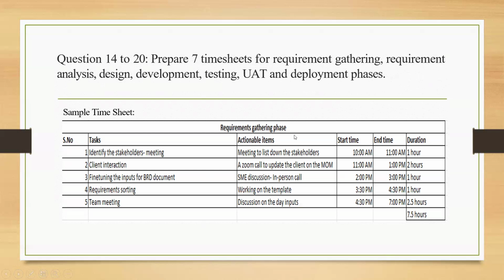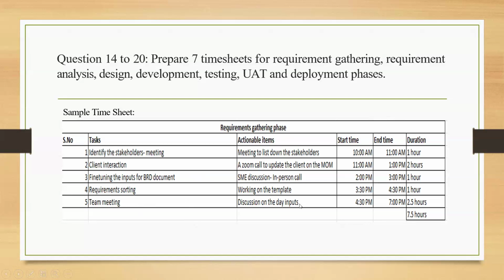You can look into it. In the requirement gathering phase, there would be certain tasks involved, so I have given those task names. What type of tasks do we have? We are identifying the stakeholders meeting, there would be client interaction and fine tuning of inputs for the BRD document, we are sorting the requirements, and there would be a team meeting.